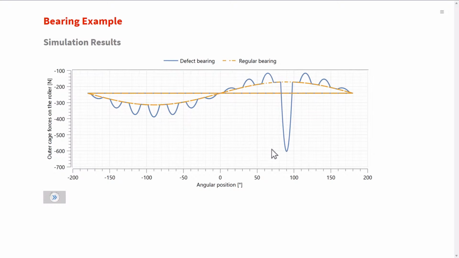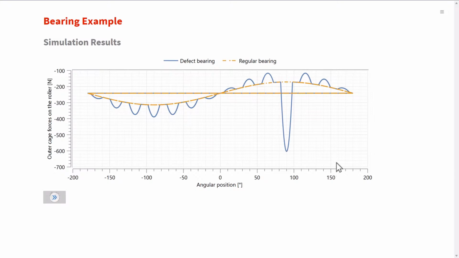The peak force on the roller occurs at plus 90 degrees, right over there where we hit the defect. This is the point of close approach to the defect under load. As the roller progresses in its rotation, we see the minimum value right after this defect, in this case around plus 96 degrees.